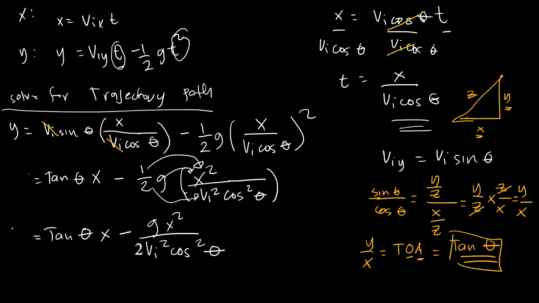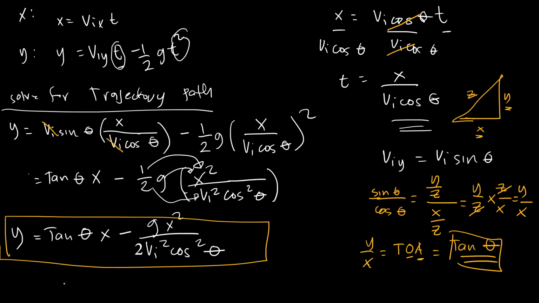And this is now the equation for the trajectory path. So we can write here: trajectory equation.